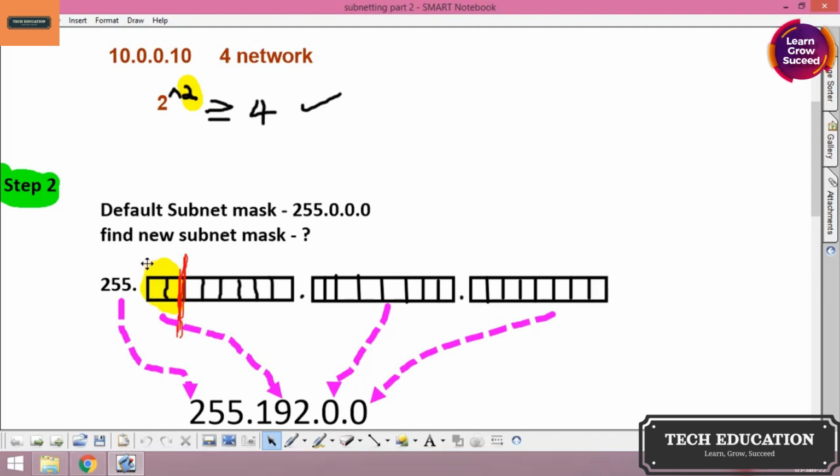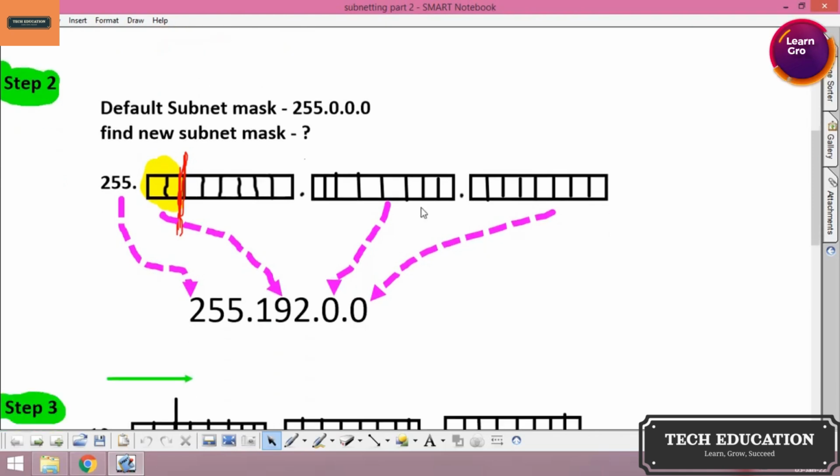This side, 128 plus 64 is 192. So the 255 stays as the default, 192 is 128 plus 64, and all the remaining host portions are 0. So 255.192.0.0 is the new subnet mask for this problem, and this is step 2.